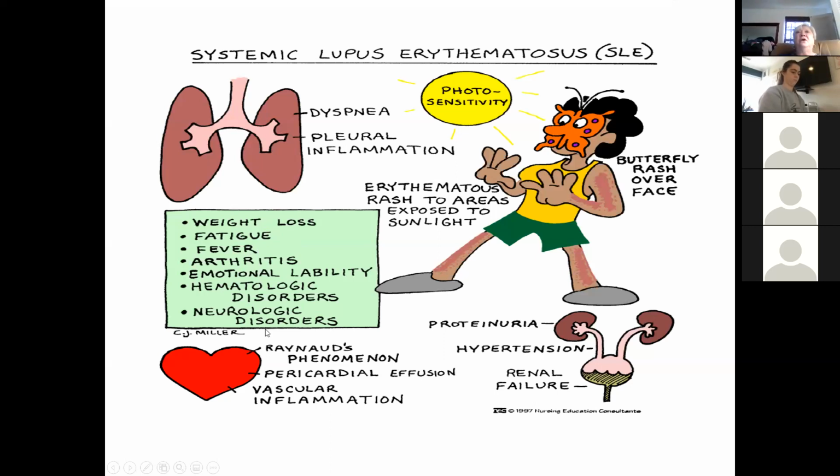If it affects their heart, they're going to get vascular inflammation, so they're going to get vascular disease. They're going to have murmurs. They're going to have pericardial friction rubs and effusions. They might have to have a pericardiocentesis or a pericardial window put in, or they're going to get pericardial tamponade. And they can develop renal failure because of this, and they'll have to be on dialysis for the rest of their life.